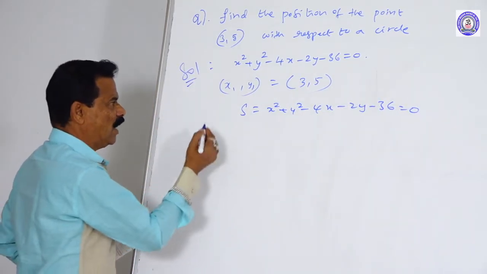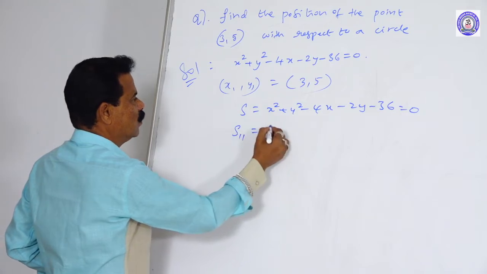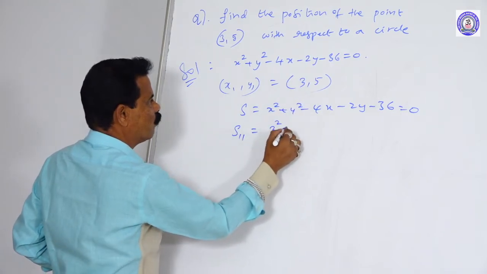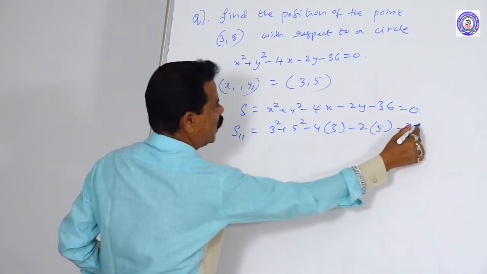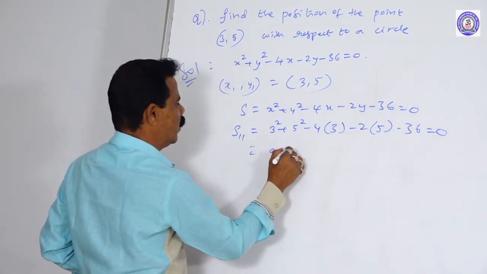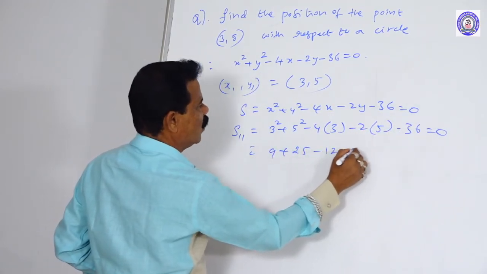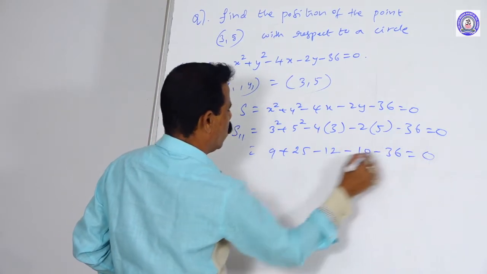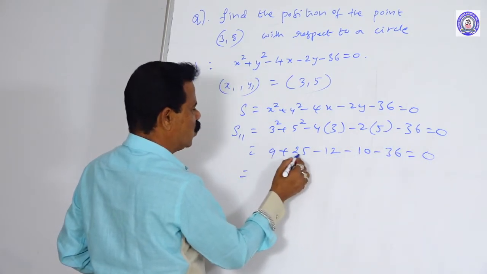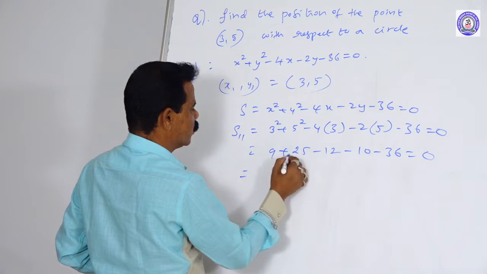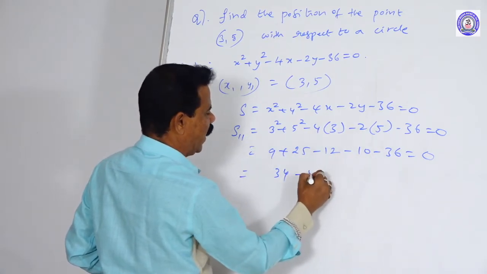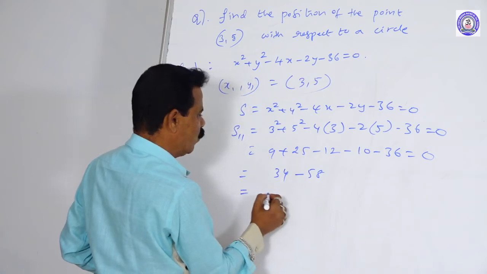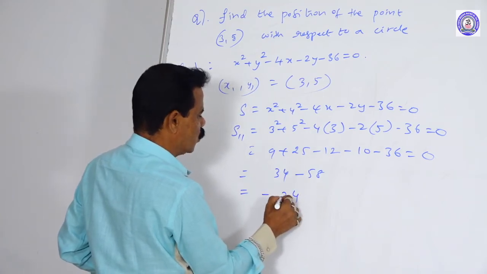We substitute (3, 5) in this. S11 is 3 square plus 5 square minus 4 into 3 minus 2 into 5 minus 36, which is 9 plus 25 minus 12 minus 10 minus 36. The positive values total 34, the negative values total 58, so it is minus 24.